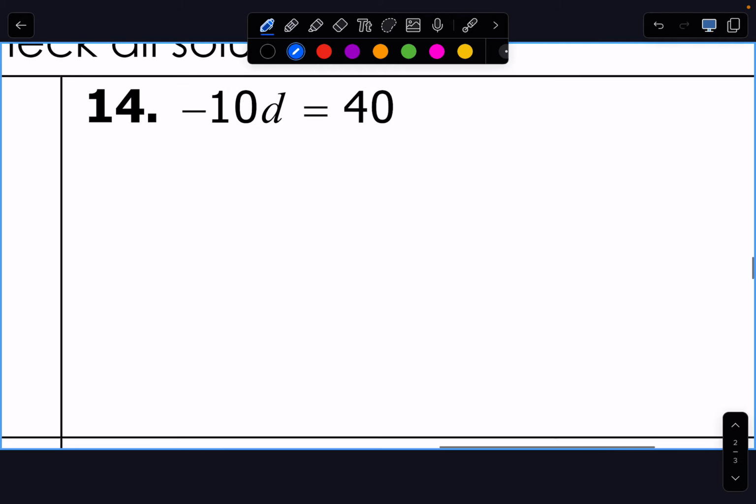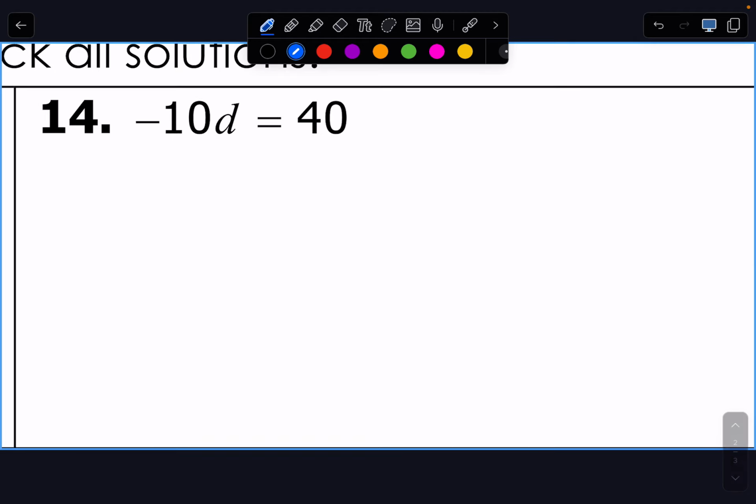This is what your brain process needs to be. Okay? Like here in number 14. Here is our variable right here. So, Sammy, what number is with D? Negative 10 is the number we need to get to the other side. Ellie, how is negative 10 tied to D? What operation is in between negative 10 and what?